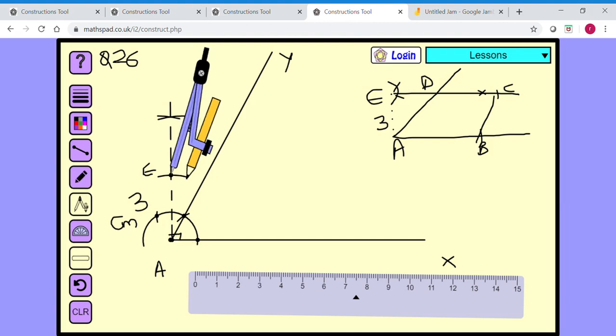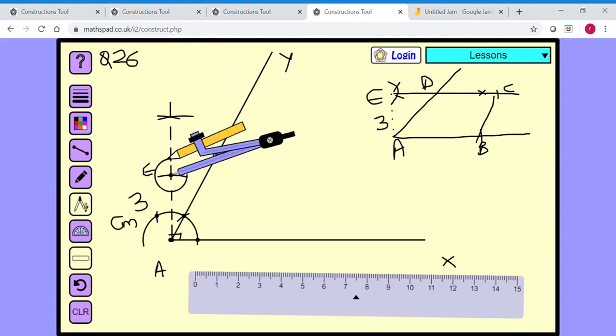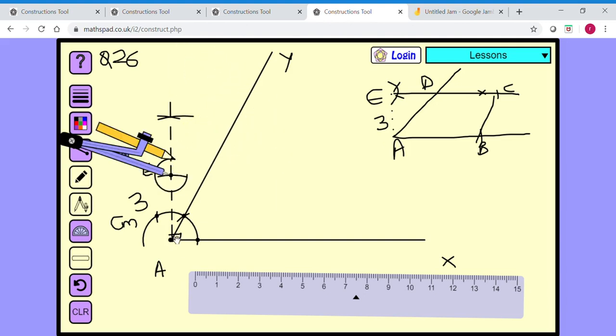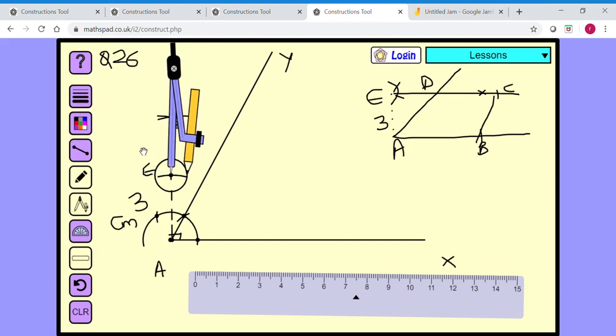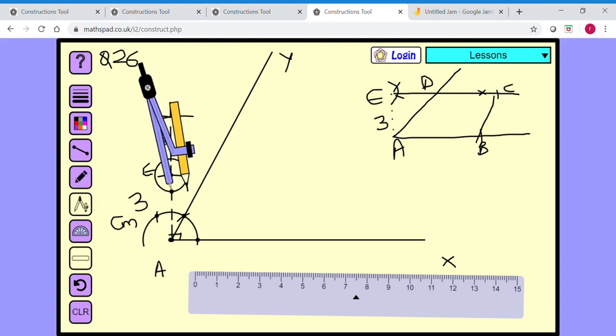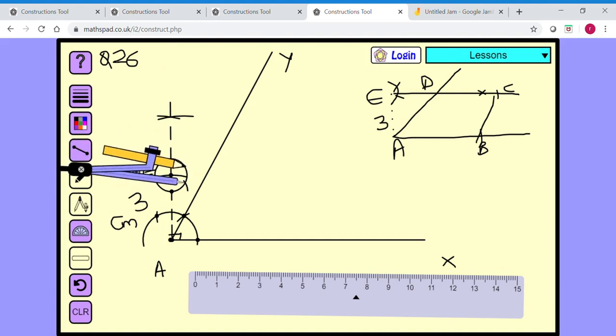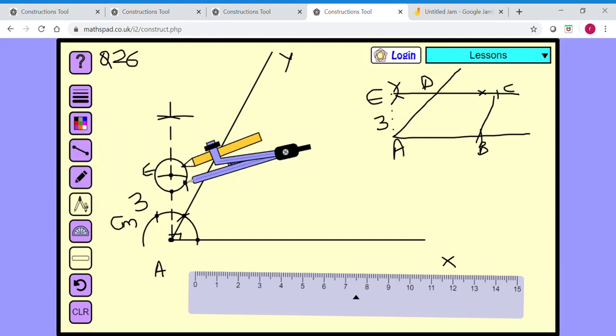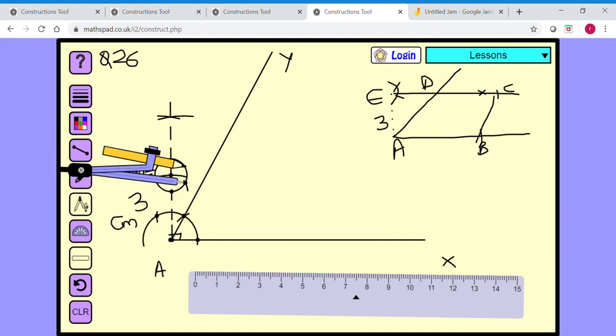So I draw a semicircle. I've ended up drawing a full circle. Doesn't matter, I'm not cancelling it again. I draw a semicircle, pick it up, keep it at this point and draw 60 degrees. Next, I pick it up, keep it at 60 degrees and mark 120 degrees. Perfect. So I've drawn 60 and 120.